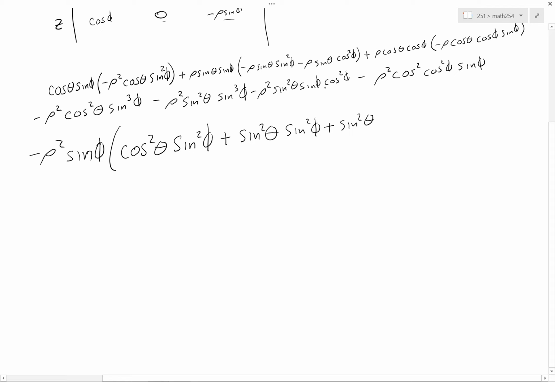I already took the sine phi out, so it's gone. I took the sine phi out, so I'm left with cosine squared theta cosine squared phi. Whew! All right, cool.